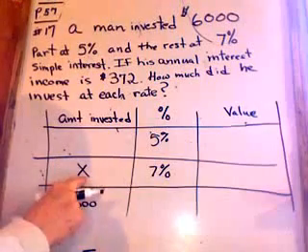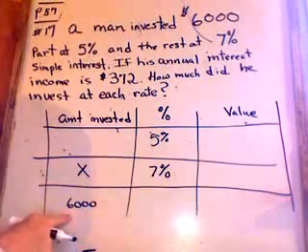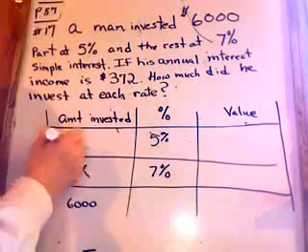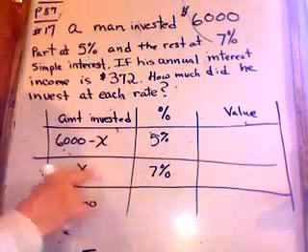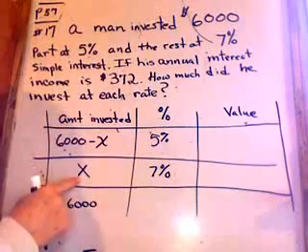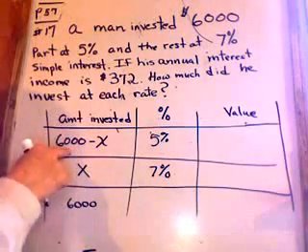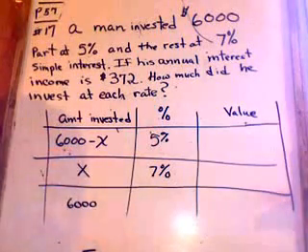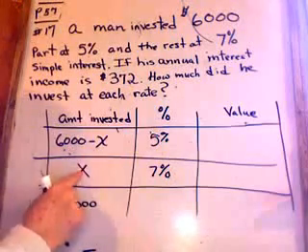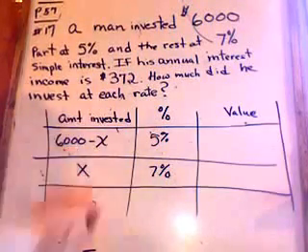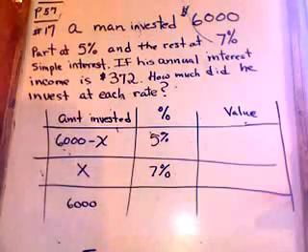Now, if the 7% is x, the other part of the 6,000 would be found by going 6,000 minus x. For example, if I put 1,000 at 7%, then I would put 5,000 at 5%. But I don't know that it's 1,000, so whatever it is, I subtract it from 6,000 to get the other one. So here's our algebra representation of that.